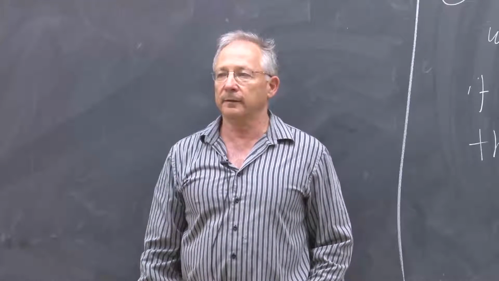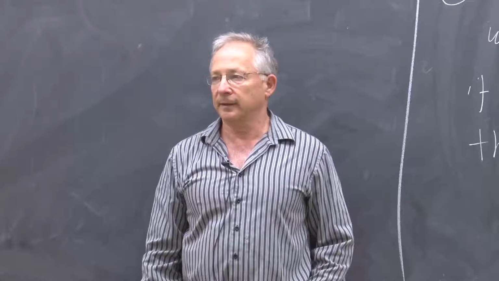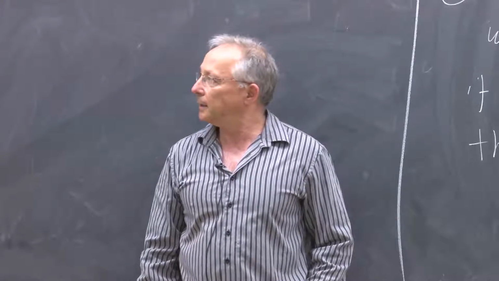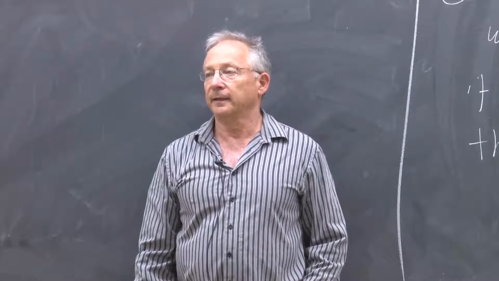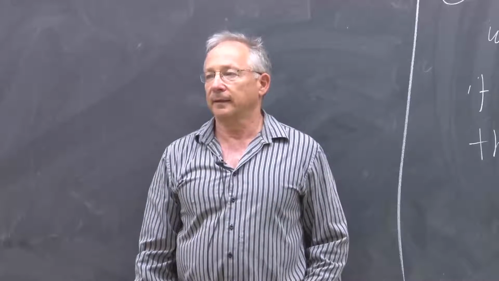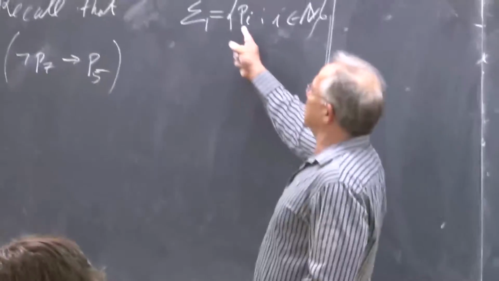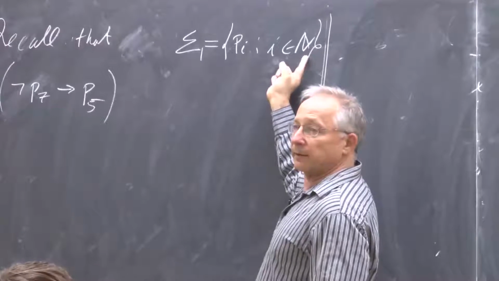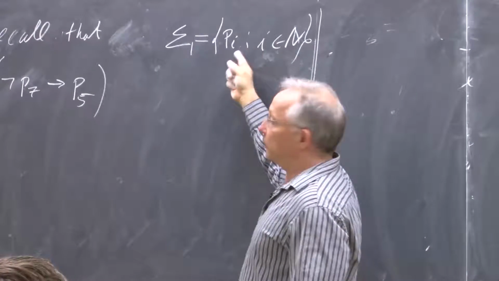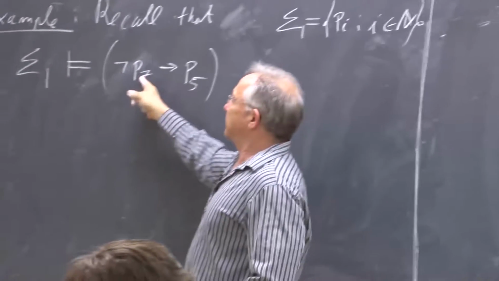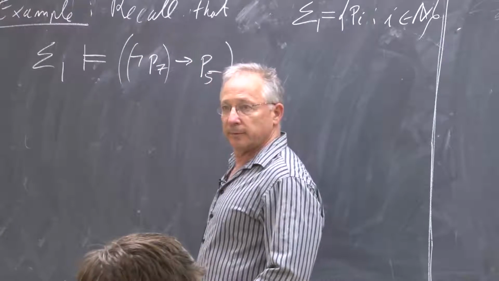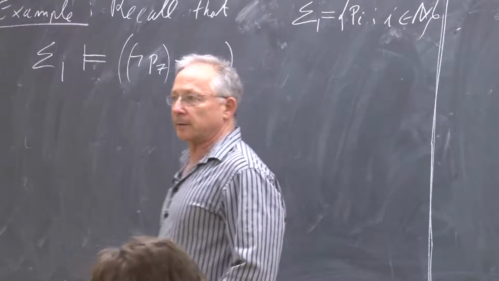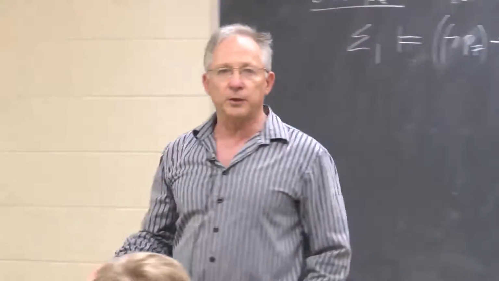Why is that the case? Well, the only truth assignment that I should consider is the one that makes sigma 1 satisfiable, i.e. everything is true. And if all of them are true, then this is false, this guy, and then the whole formula is true.